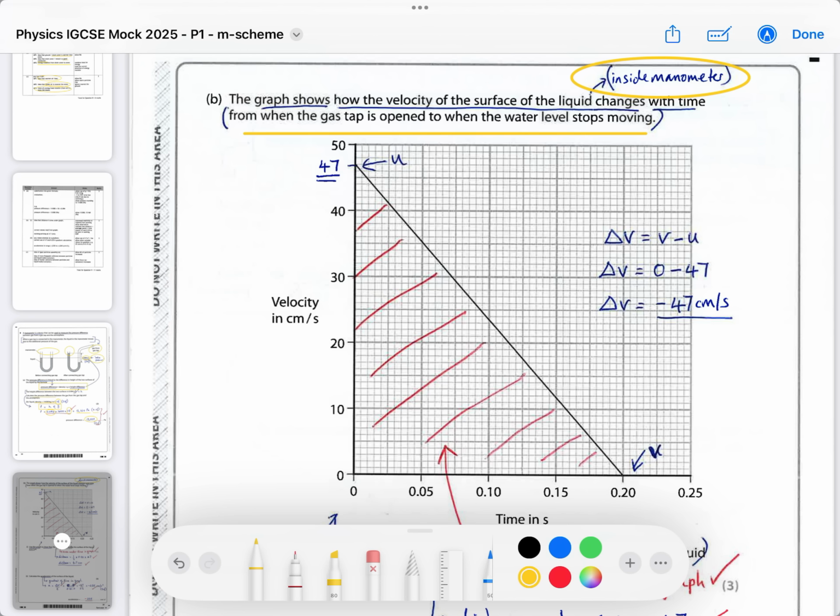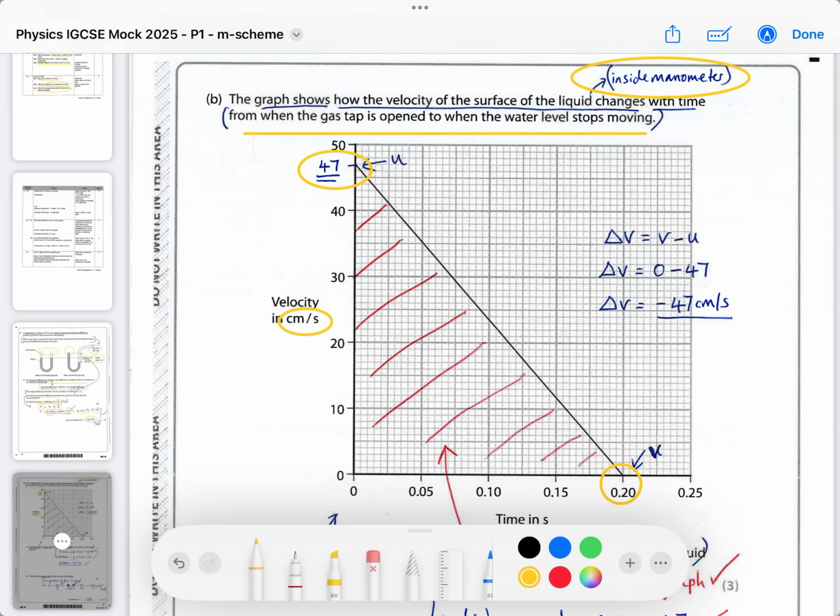And then as soon as the gas pressure is switched on, there is a speed that starts off, so it moves fast initially here, as its initial speed is 47, if you read the graph accurately, 47 centimeters per second, and then it slows down to 0 after 0.20 seconds.